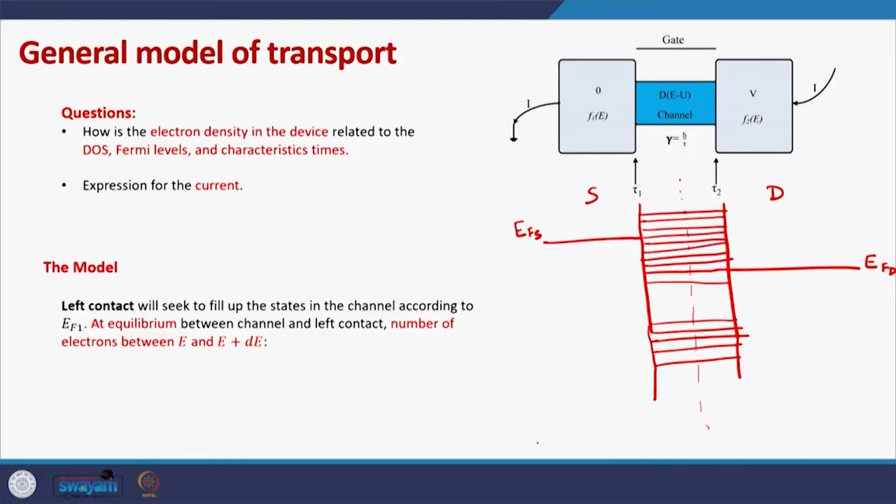In that case, as I told, since the source contact is large, it will try to bring the channel in equilibrium with itself, with the source contact. So, what it means is that it will try to fill all electronic states in the channel up to its Fermi level.